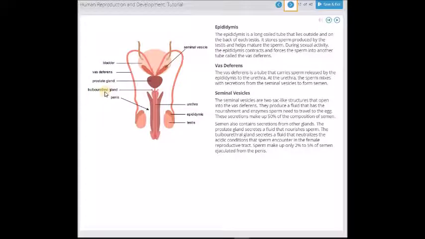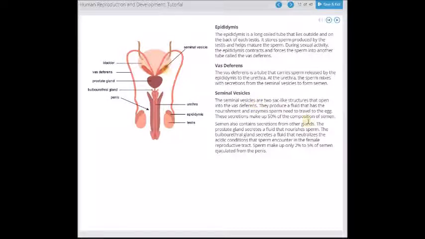There's a gland here called the bulbourethral gland that produces quite a bit of fluid that does all kinds of things. It changes the pH of the fluid the sperm is found in to prepare it to be injected into the female reproductive tract, and various other things, lubricating and nutritional fluids that go in there, and that's basically it.